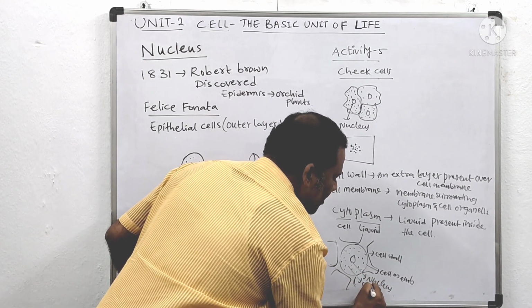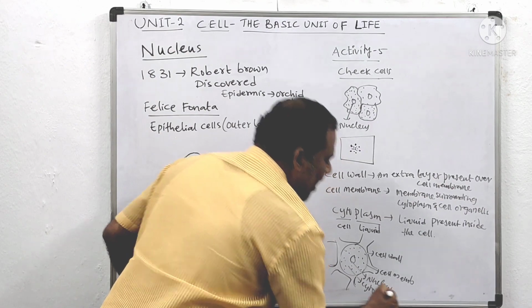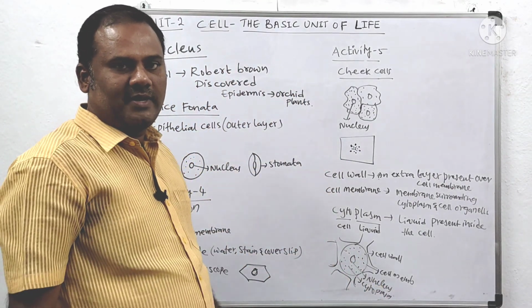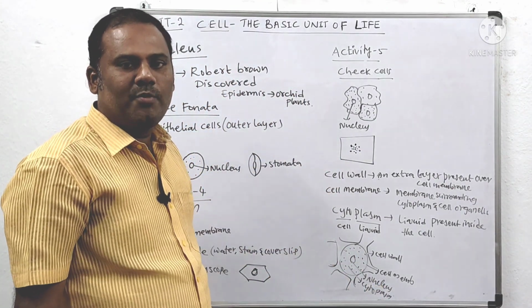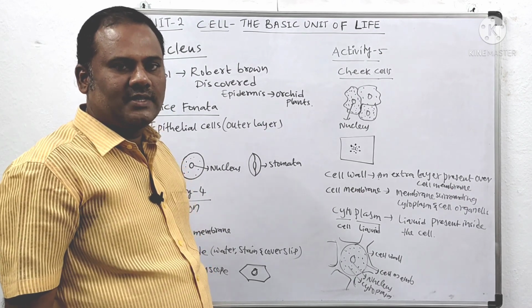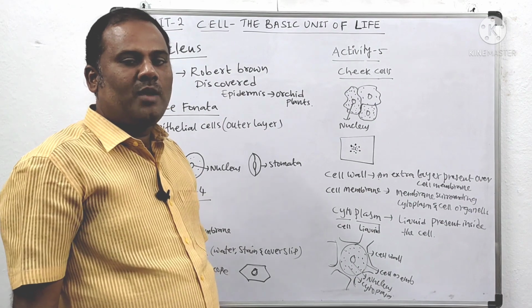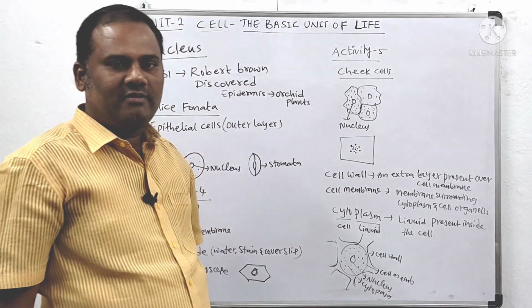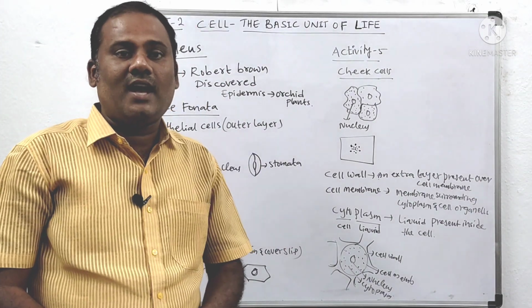And this is what? Cytoplasm. The remaining organelles are present in this cytoplasm itself. So this is overall about the cell as well as the nucleus. Cell and what, Anna? Nucleus. Next we are going to know about the diversity of the cell. We are going to know about what, Anna? Diversity of the cell.